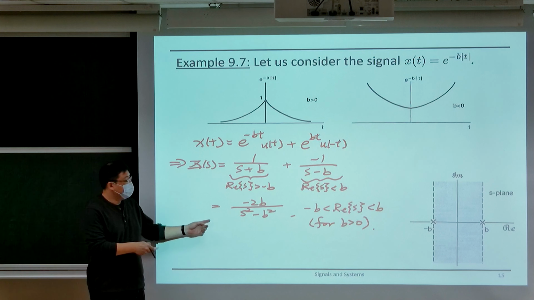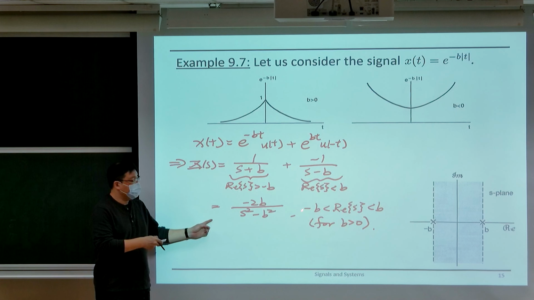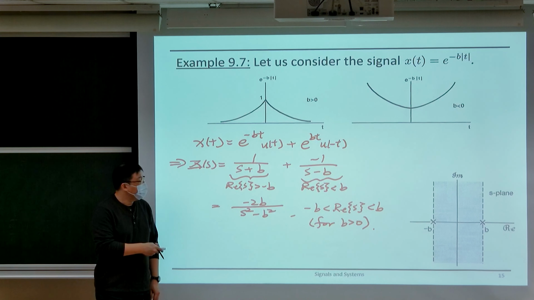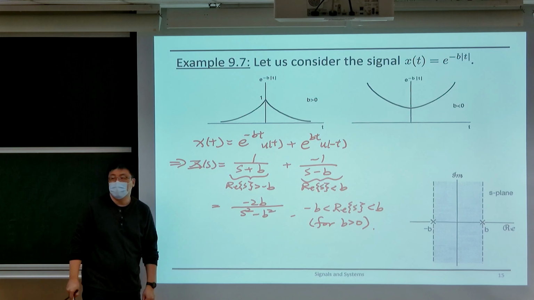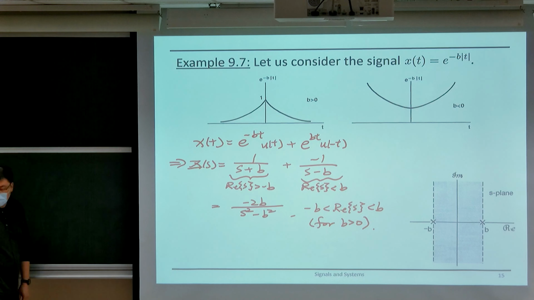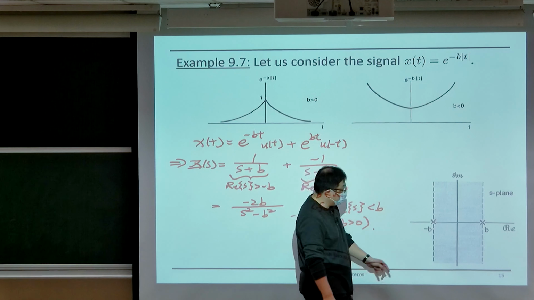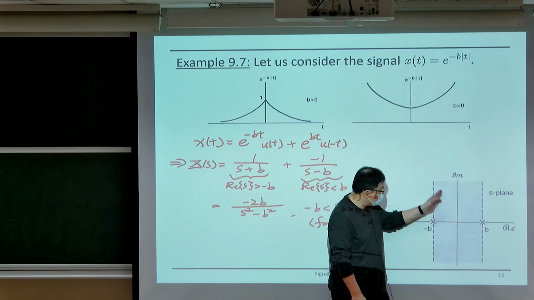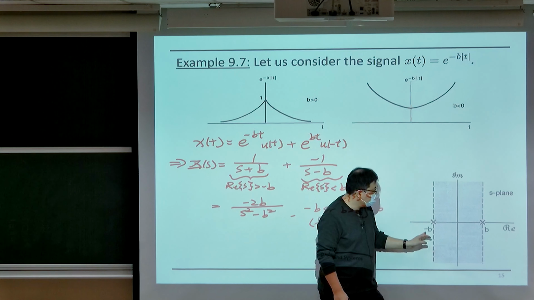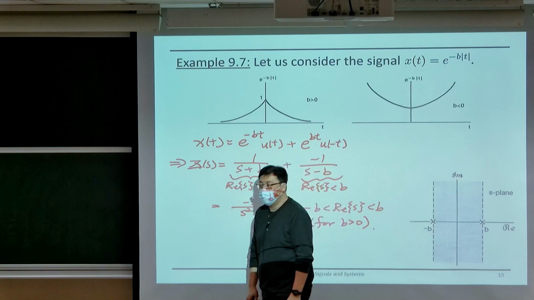Okay? So this region of convergence is non-empty only when b is greater than 0. Now, suppose that b is greater than 0, then the region of convergence actually is the strip between minus b and b.